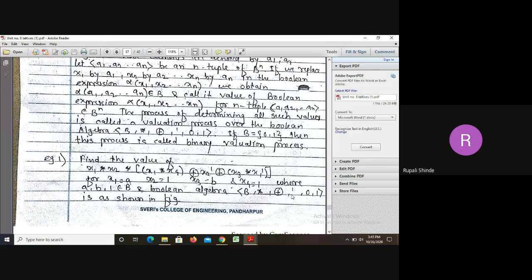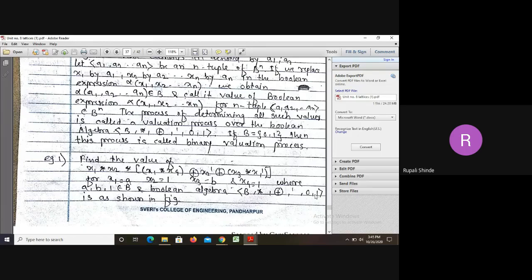What is the definition for Boolean algebra? Yes, we have seen this. Distributed, complemented, bounded lattice is called Boolean algebra. That's why we have taken here three operations: star, XOR and complement.